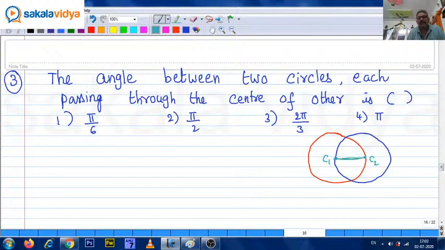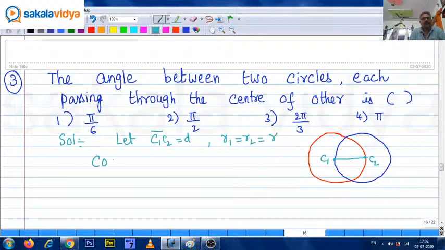This is C1, this is C2. So C1C2 equals D. Now the radii of both circles are equal: R1 equals R2 equals R.